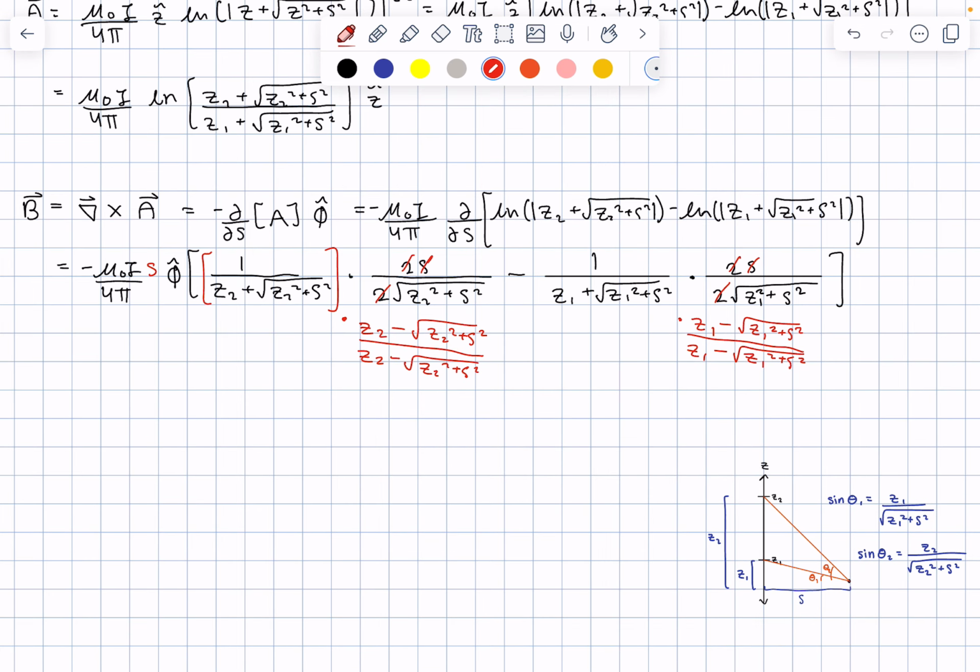And for the sake of saving room, I'm just going to make these a bit smaller.